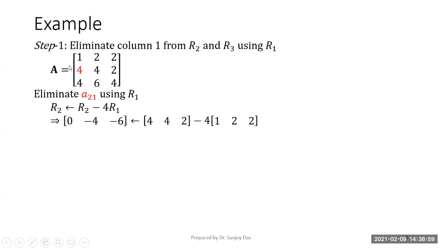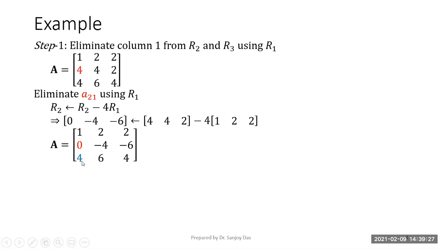So this is R1, which is 1, 2, 2, and this is R2, which is 4, 4, 2. So R2 minus 4 R1 is this. It gives me 0, negative 4, negative 6. So this 4, 4, 2 becomes 0, negative 4, negative 6 after I do this row operation.